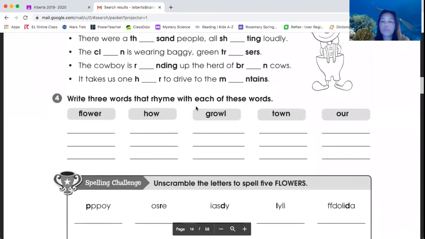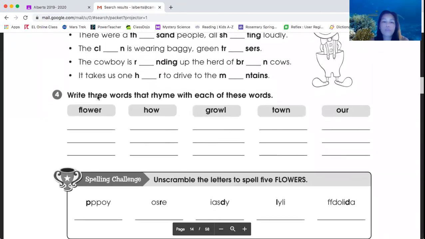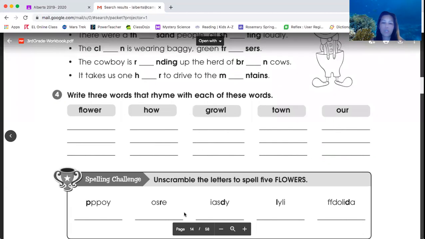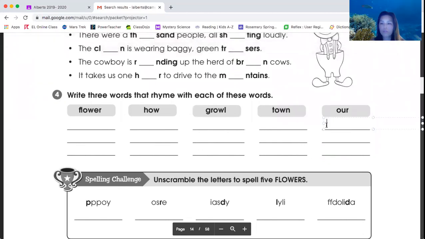Question 4, you're going to work on your rhyming words. So it says, write 3 words that rhyme with each of these words. So here you have flower, how, growl, town, and hour. Okay, so let's see. I'm going to try using my texting tool to see.